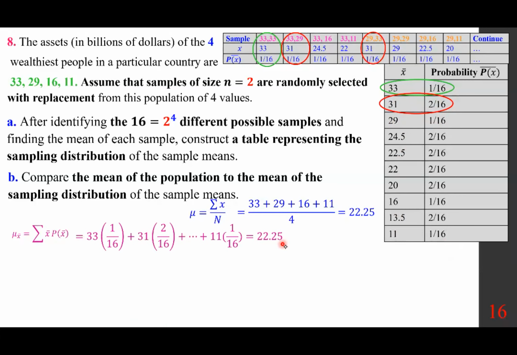That is what we have learned. It so happened it becomes identical. So they are equal. This is called mu of X bar. The mean of the sampling distribution, mu of X bar, is identical to mu.